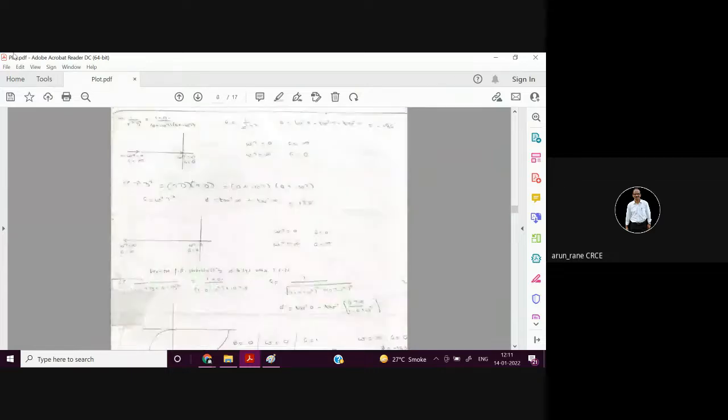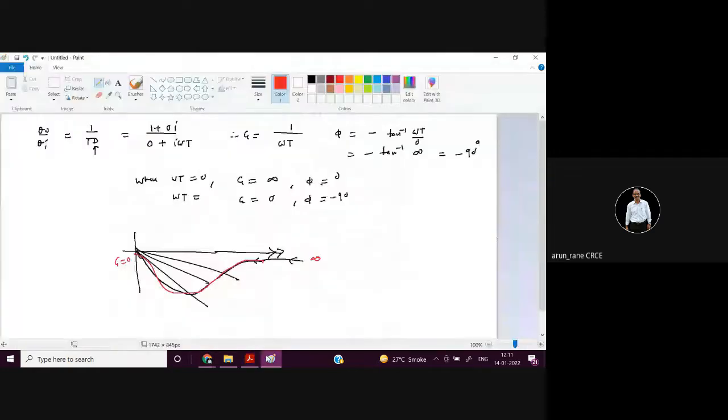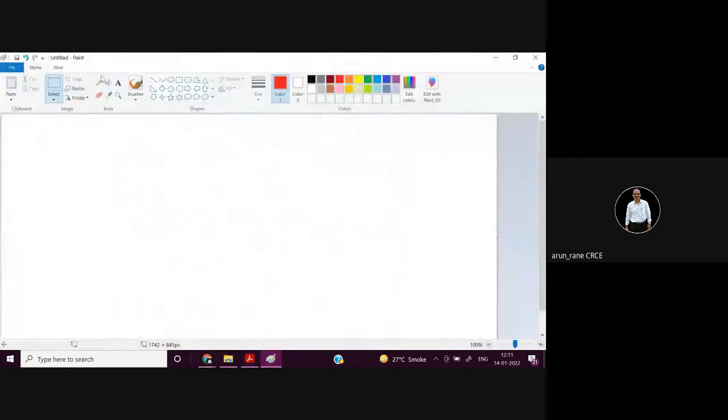Now this 1 upon t square D square can be written as 1 upon TD into TD. Once you understand, it is very simple.